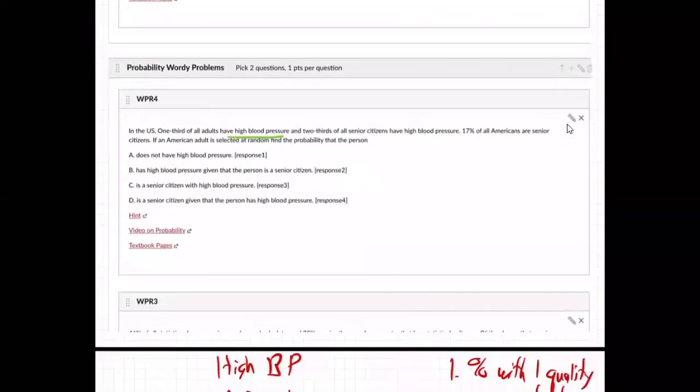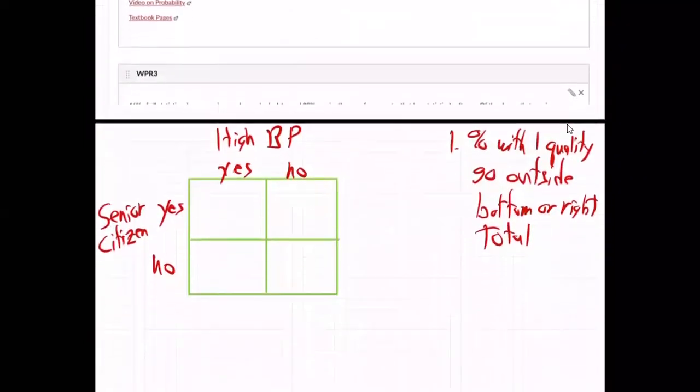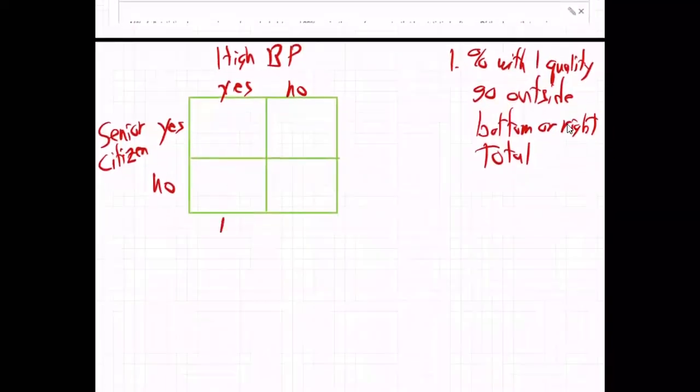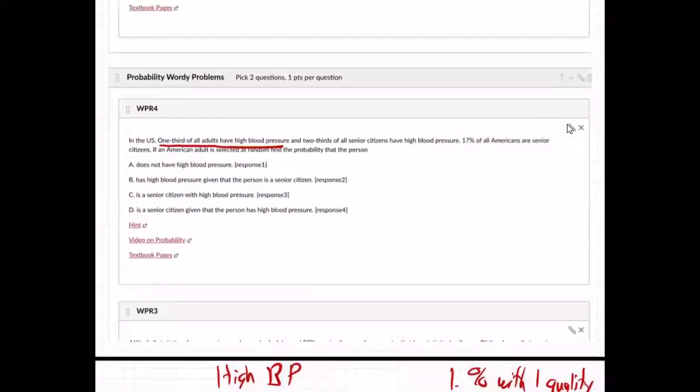Okay, what are we talking about? Well, 1/3 of all adults have high blood pressure. That's just talking about high blood pressure. One quality. And so 1/3 have high blood pressure. That goes right here. Sorry, I didn't do that 3 very well. Right? Because that's yes to high blood pressure on the bottom or the right, outside the table. That's just the total that yes have high blood pressure, 1/3.